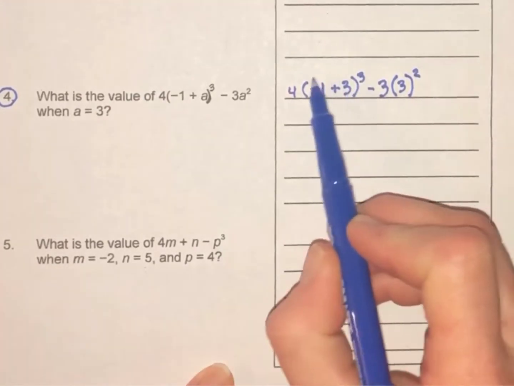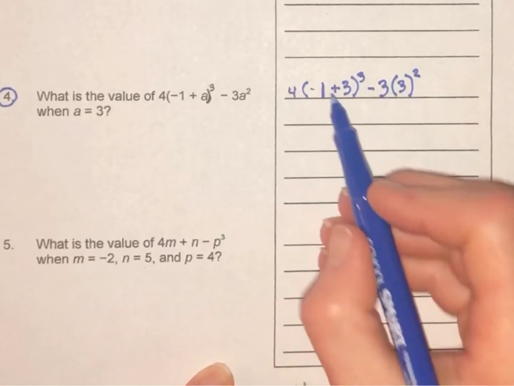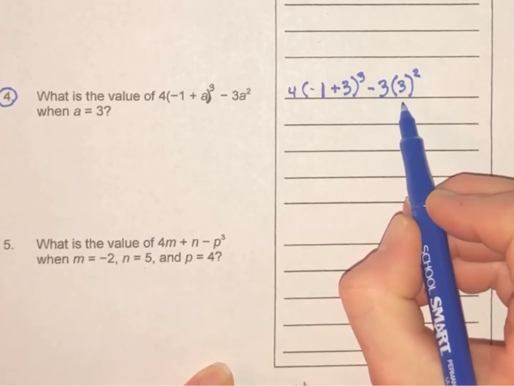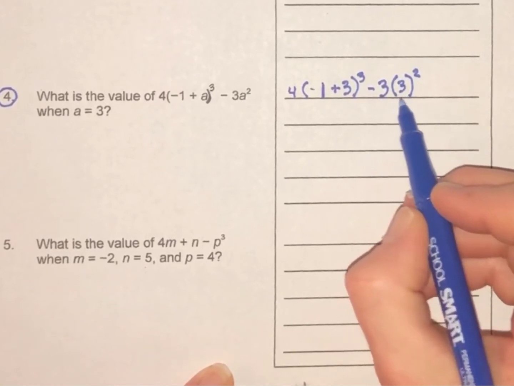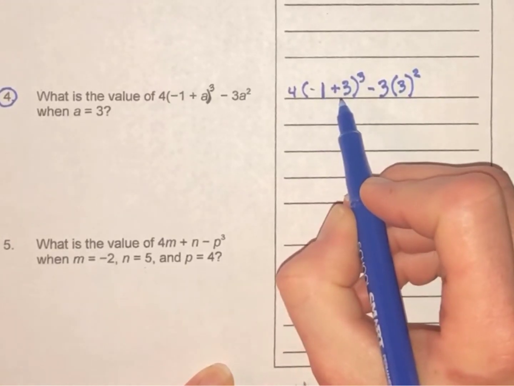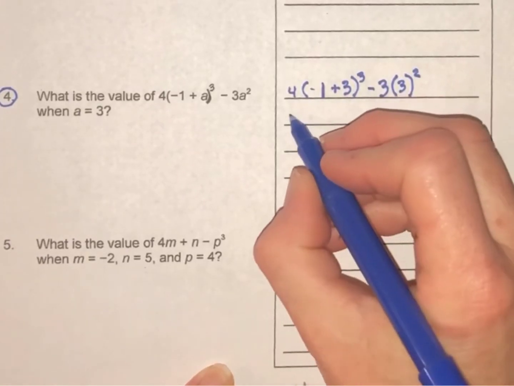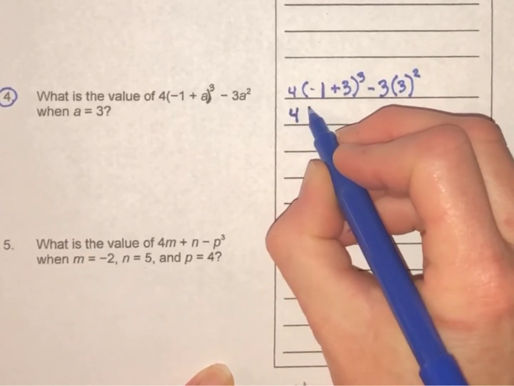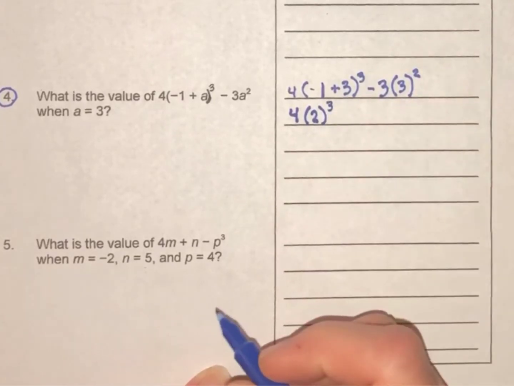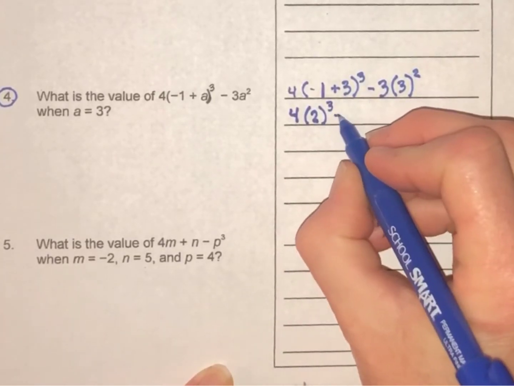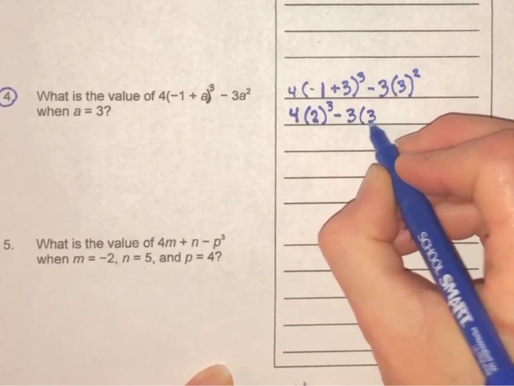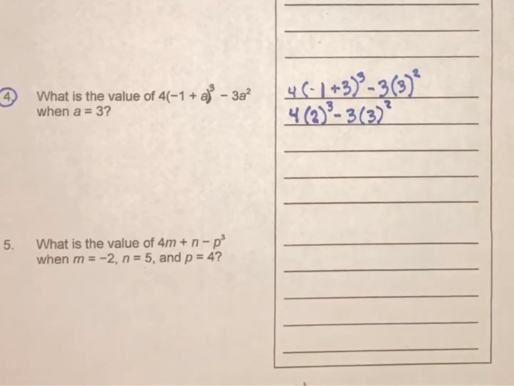This is the parentheses we're going to do first because there's an operation inside. This just means multiplication. It doesn't count as parentheses. There's not any operations inside. So -1 plus 3 is 2. So we have 4 times 2 to the third power minus 3 times 3 squared.